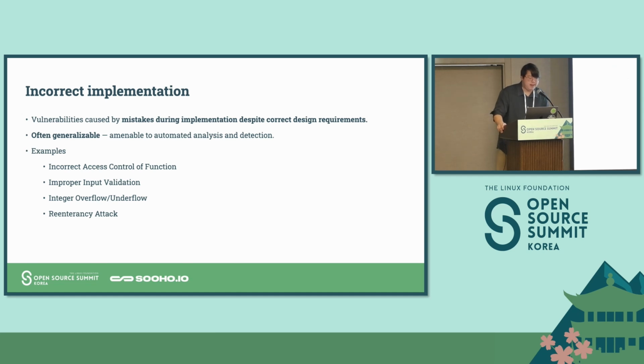Classic errors like reentrancy are specific to smart contracts, where external calls can re-enter the contract before it finishes updating critical state. These types of problems are generally more amenable to automated program analysis because they appear as recurring code-level patterns that can be scanned for or detected by static or dynamic analysis.